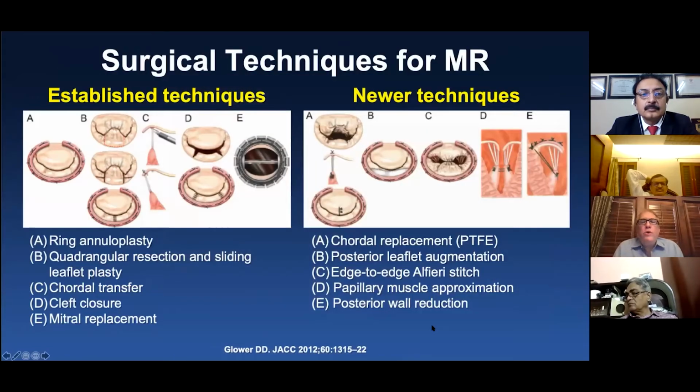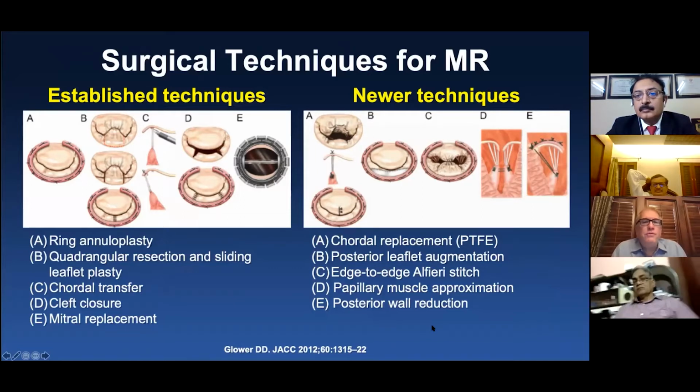Now, when we consider correcting mitral regurgitation with the MitraClip, of course, we've got to think of alternative technologies. Surgery has been the gold standard to correct mitral regurgitation for a long time.